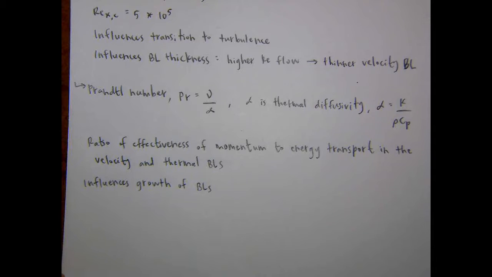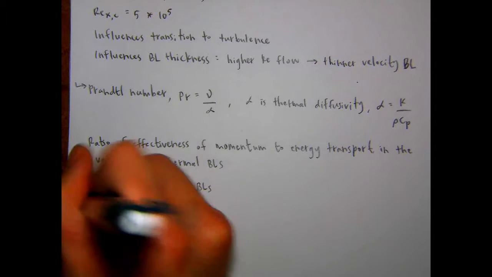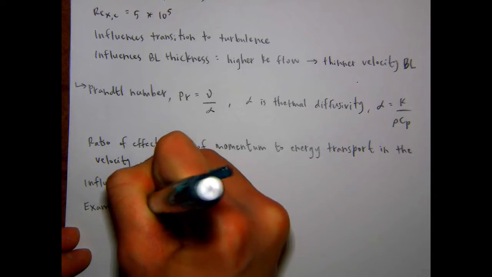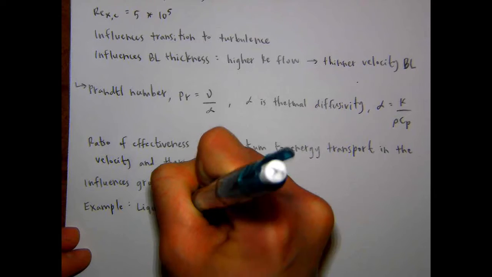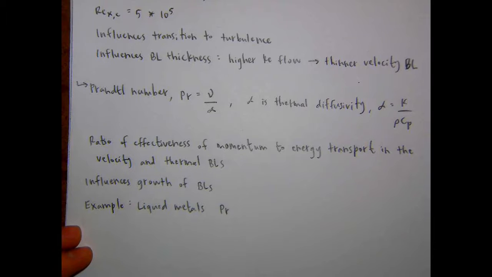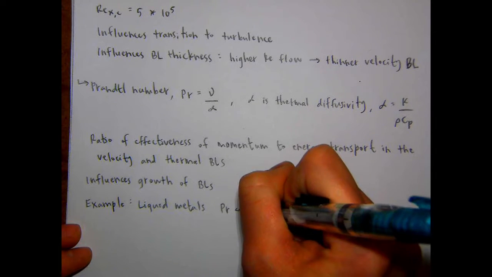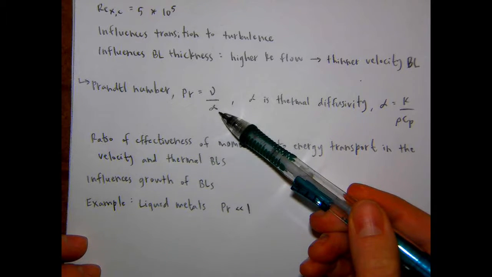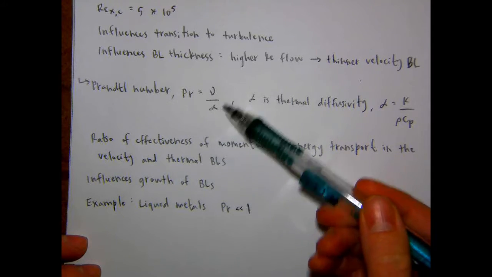And some interesting examples of that are liquid metals versus oils. So for liquid metals, they have a really small Prandtl number, because basically energy diffusion in a liquid metal is much faster than momentum diffusion.